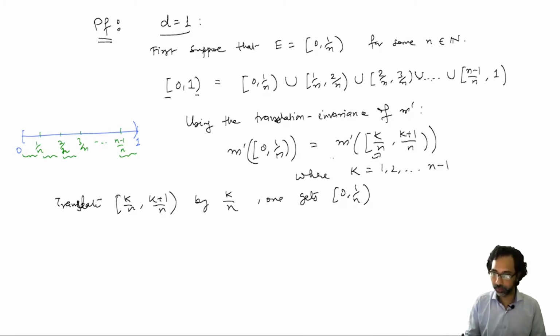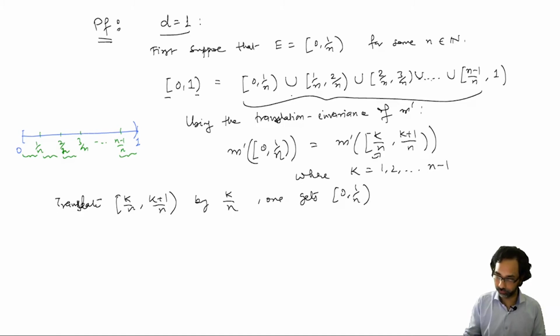So by translation invariance the m prime of [0, 1/n) is equal to m prime of each chunk that appears in this decomposition. And now note that all these are elementary subsets of R, and this is a disjoint union.